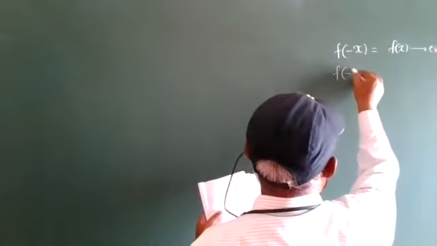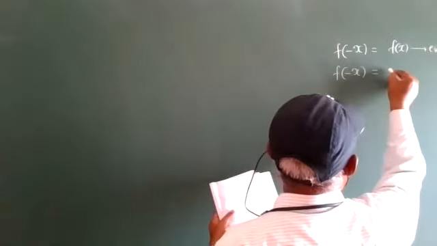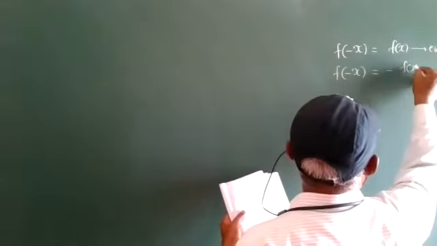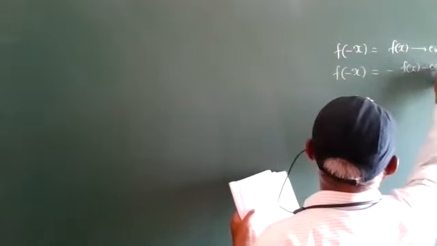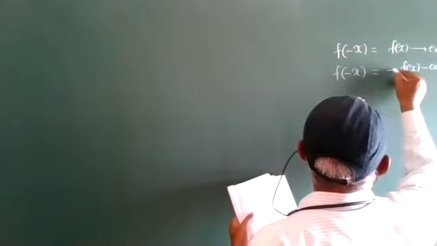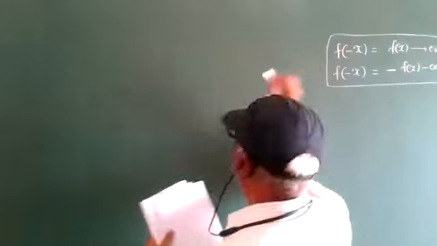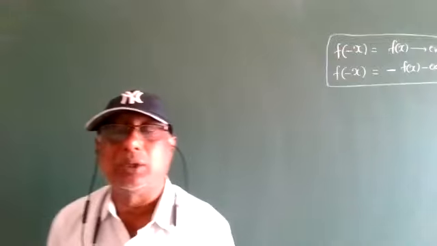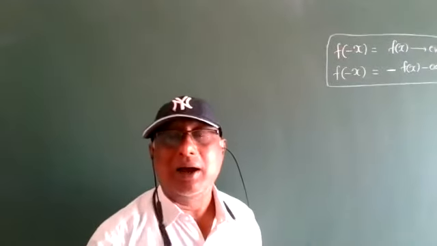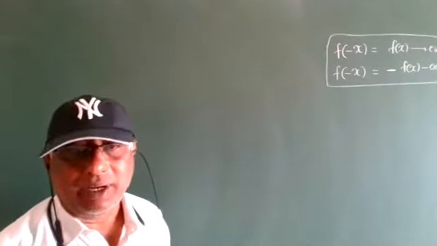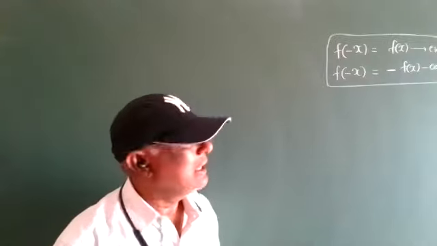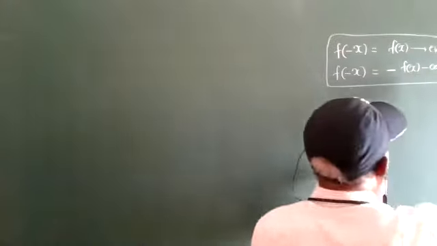When x is replaced with minus x, the total f of x is negative, then we say it is an odd function. Is it clear, everyone? Even and odd is clear.